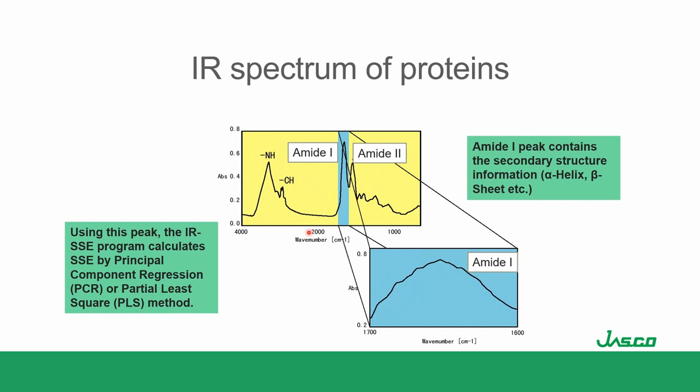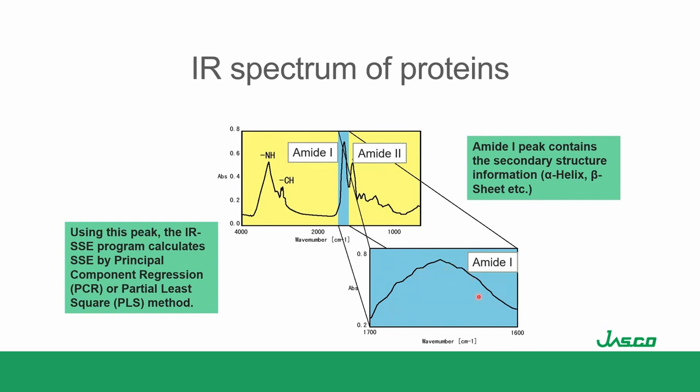But for this webinar, what we use to study the proteins is the amide-1, and this amide-1 is the peak that goes from 1700 to 1600, and this is a carbon double bond O peak.